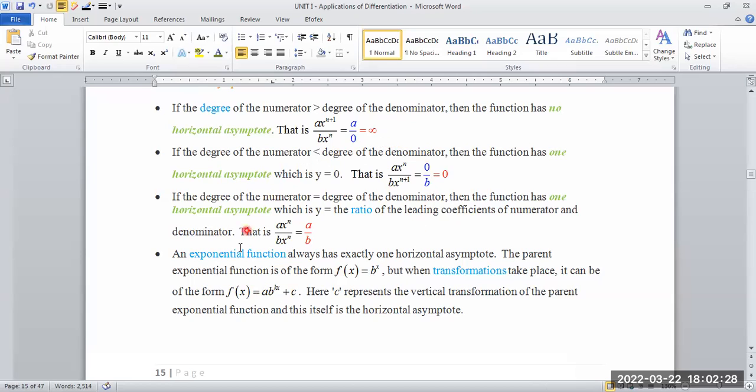All of the following have one horizontal asymptote, except the one that has none. So we can use this to say all of the following have one horizontal asymptote, except, and you have to look at the form to know which one.